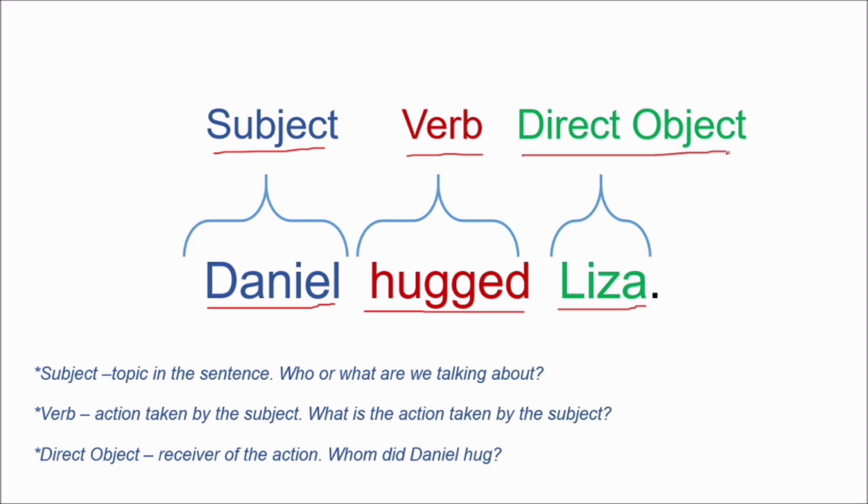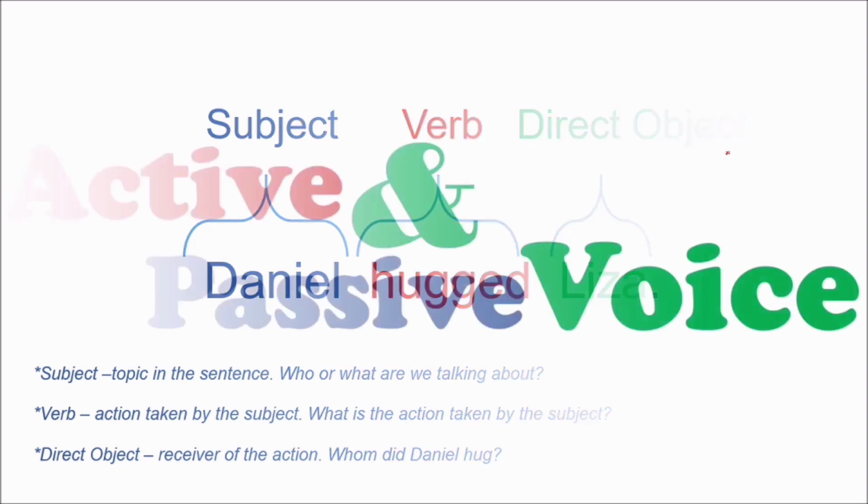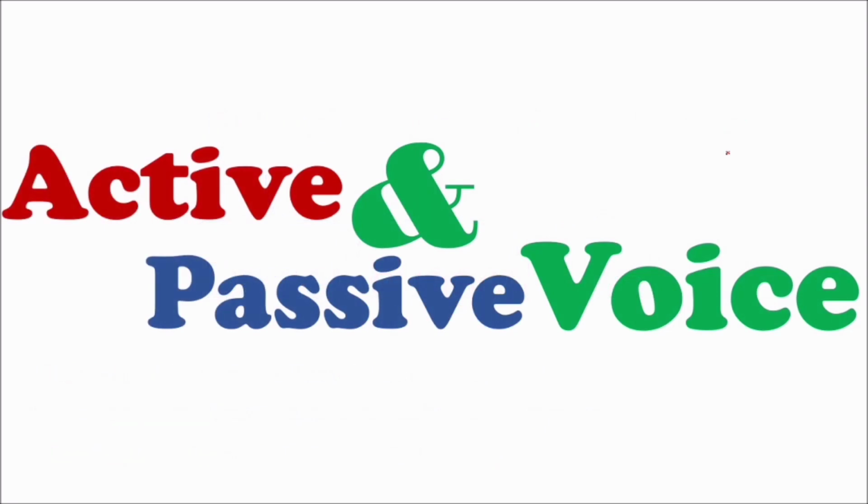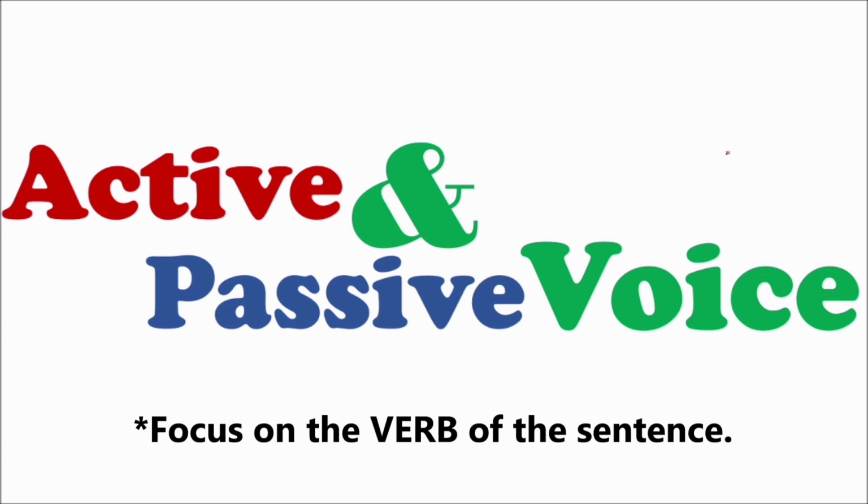Now, let's proceed to our main topic, the active and passive voice. Remember, in active and passive voice, we always focus our attention first on the verb of the sentence. Why? Because we are actually talking about the voice of the verb.